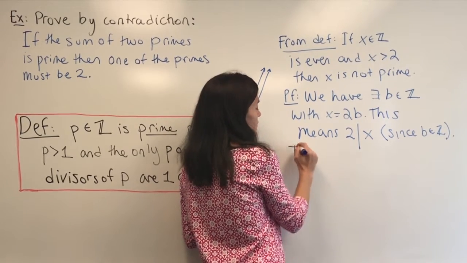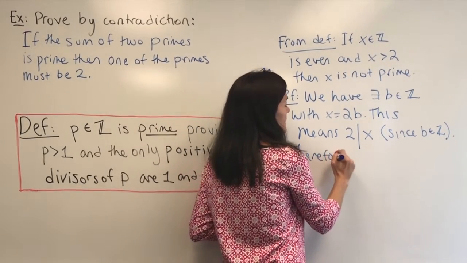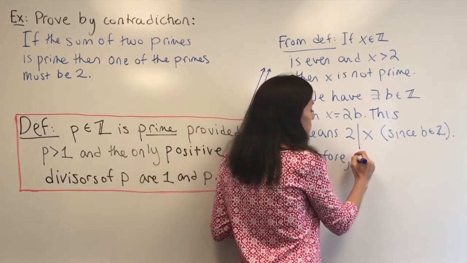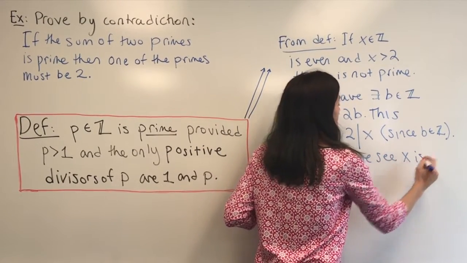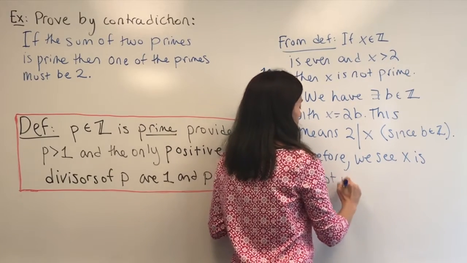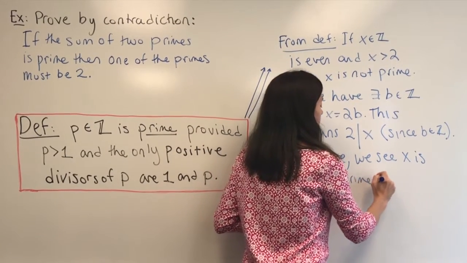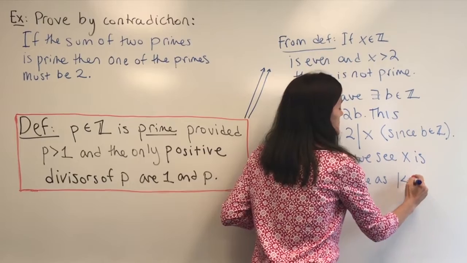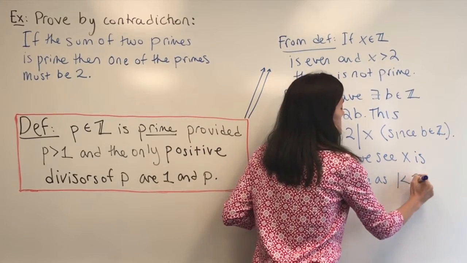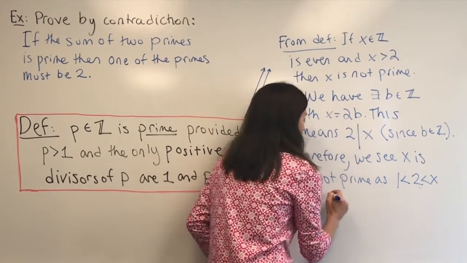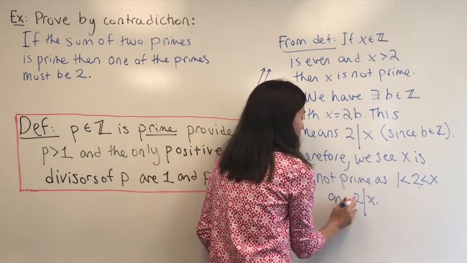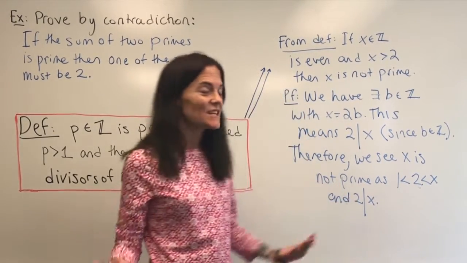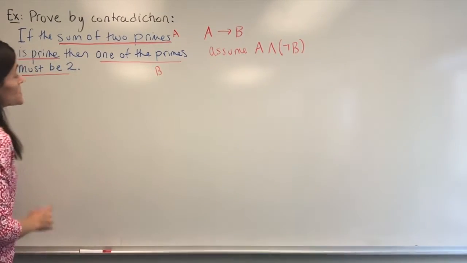So therefore, just from the definition of prime, we have 1 less than 2 less than x, and 2 divides x. So this we're going to use.